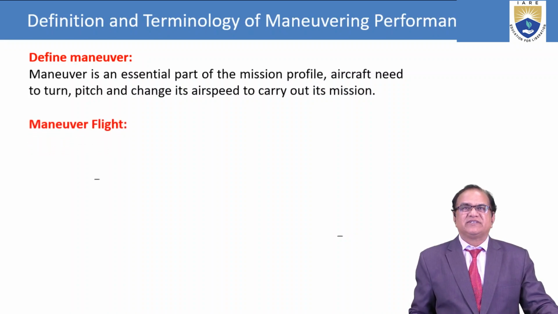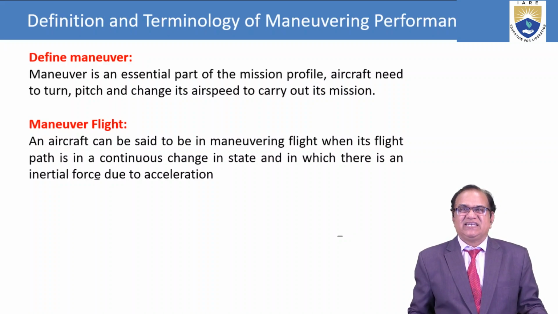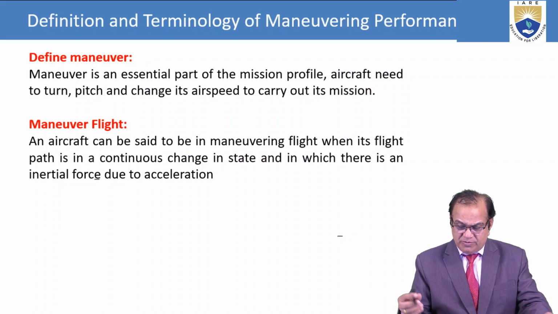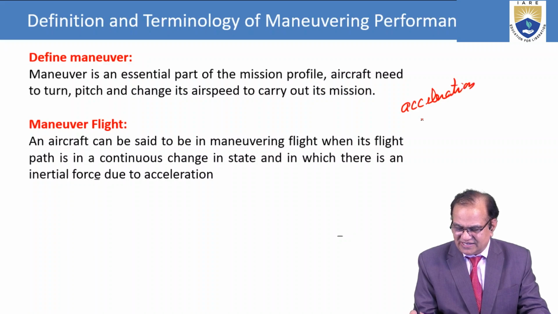Maneuvering flight: an aircraft can be said to be in maneuvering flight when its flight path is in continuous change of state and in which there is an inertial force due to the acceleration. So in maneuvering flight, acceleration is essential.